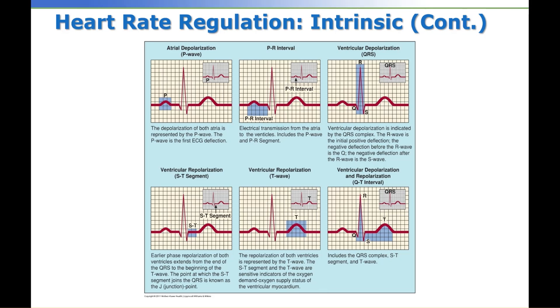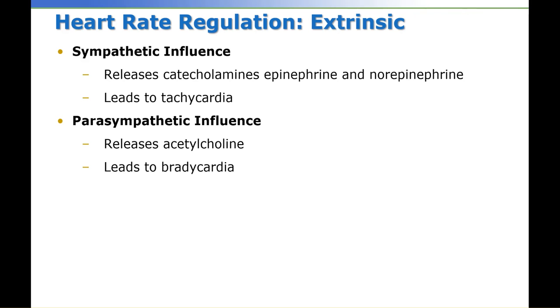You'll see this on an ECG, and it covers atrial depolarization, PR interval, ventricular depolarization, and ventricular repolarization. This is basically the blood flow through the heart and the electrical activity going through the atria and ventricles.